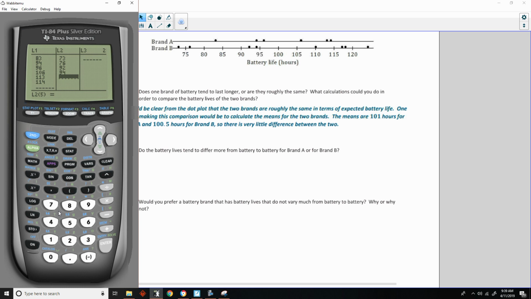And then it jumps to 110. This is 117, 118. Okay, and 124 it looks like.